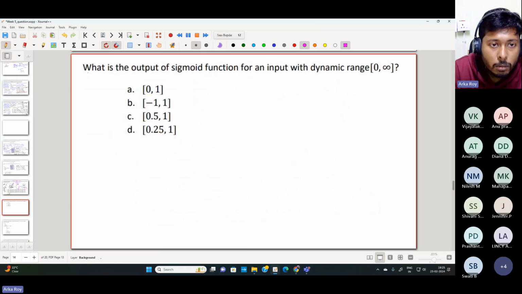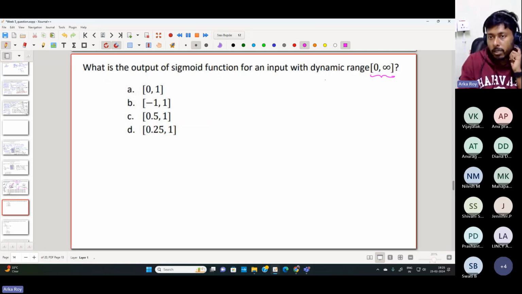Okay, so the next question is quite similar to what you have seen in the week 4 quiz. What is the output of the sigmoid function for an input with dynamic range 0 to infinity? So what will be the range from 0 to infinity of a sigmoid function? 0.5 to 1.